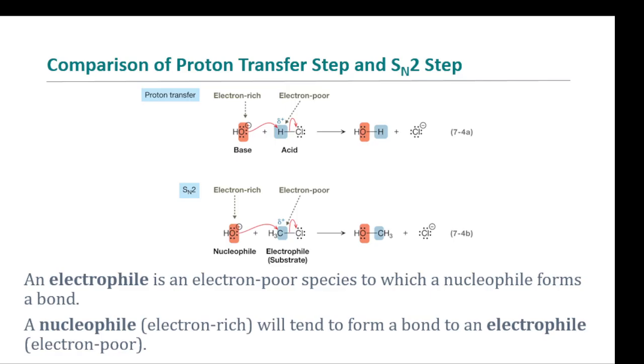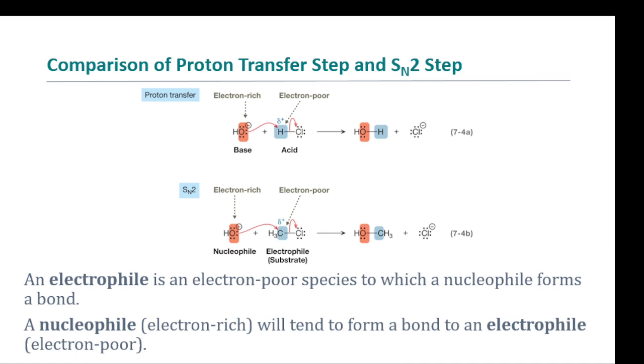Okay, so let's go and compare proton transfer steps in the SN2 step. Did everybody see the analogy of these things when they were thinking about these? There's a lot of overlap in the basicity of something and how good of a nucleophile it is, right?